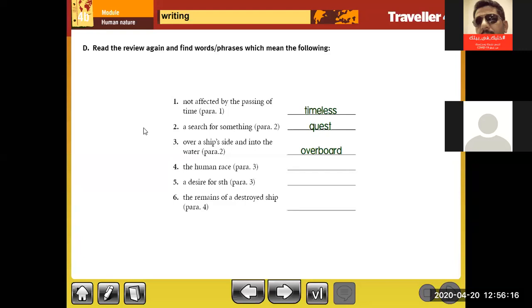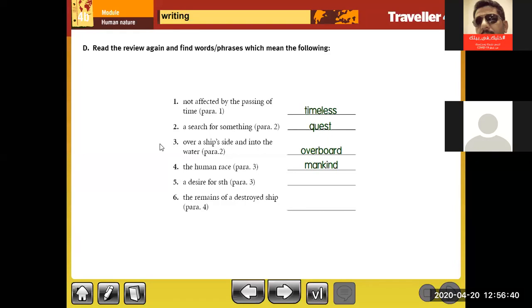What did he mention? Mind. Again, please. No, it's not mind, it's mankind. Right? Mankind. Mankind. Thank you, Naif, for your participation.